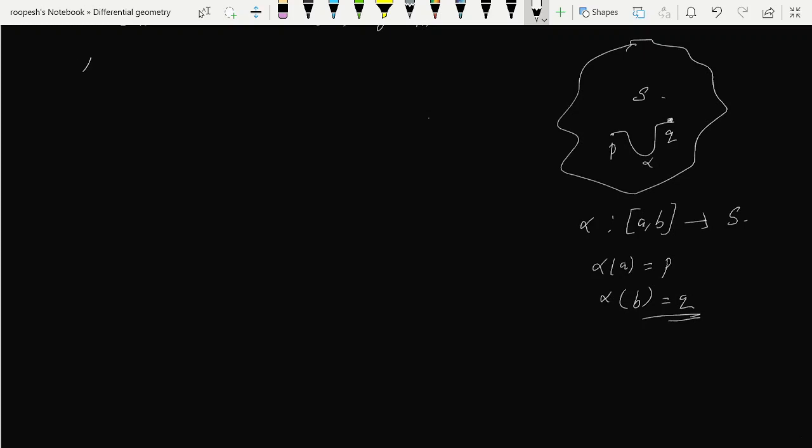Now, we have a theorem. Theorem 2. Let S, a subset of R^(n+1), be a connected n-surface in R^(n+1).